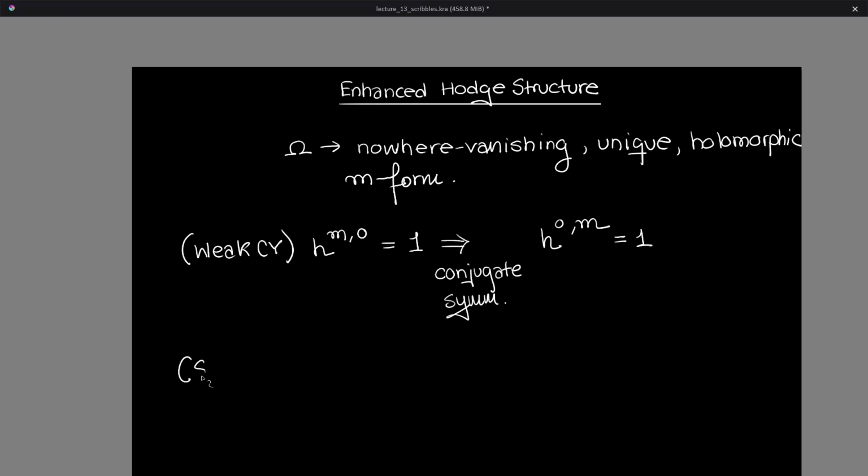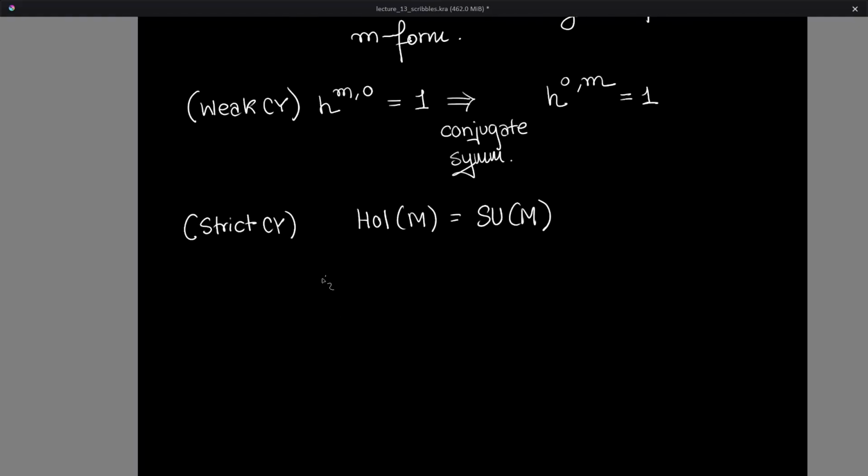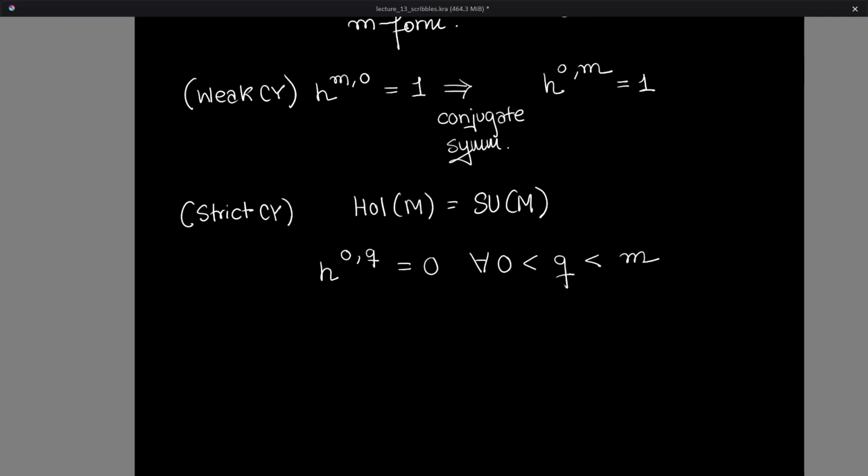But if you upgrade to strict Calabi-Yaus, where our holonomy group Hol(M) is exactly equal to SU(m), we also get this additional restriction on our Hodge numbers, where any Hodge number of the form H^{0,q} is equal to 0 for all 0 < q < m.